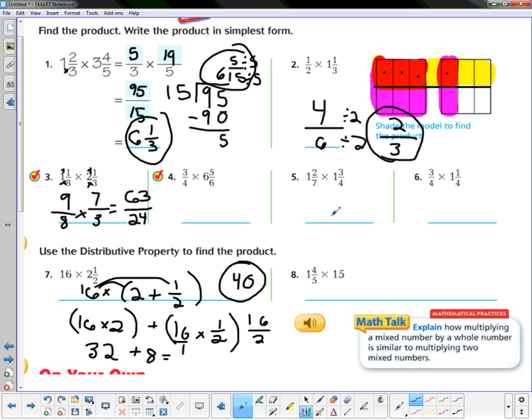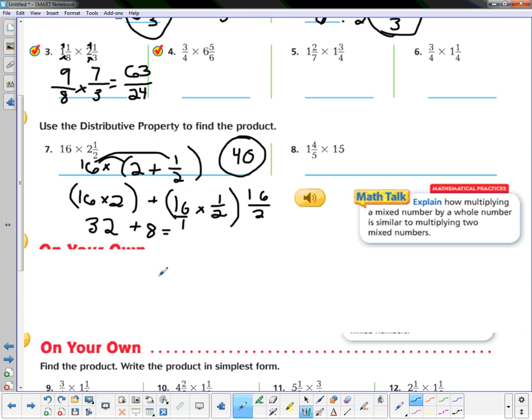So I'm going to take 63 and divide it by 24. Because it's an improper fraction, I only do this for the improper fractions. I know that it can go into it 2 times. 2 times 24 is 48.